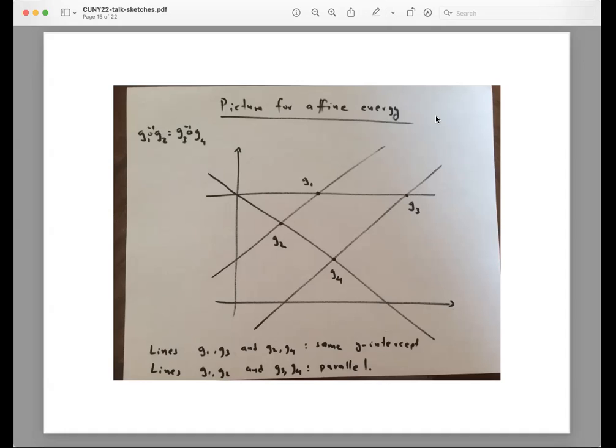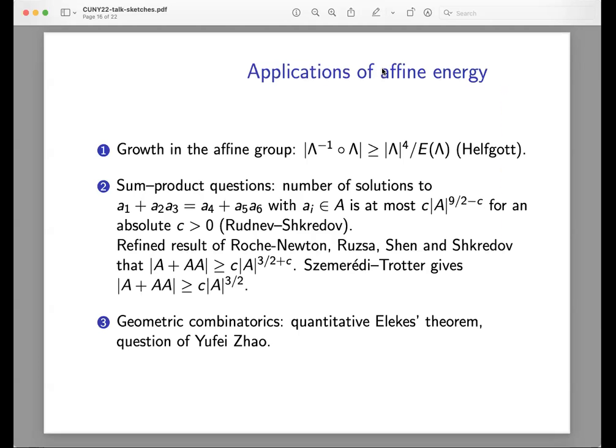You just do some algebra and this comes out. And the other thing is that the line that passes through G1 and G2 and the line that passes through G3 and G4 are parallel. So you do have some geometric structure which we actually use in our arguments.